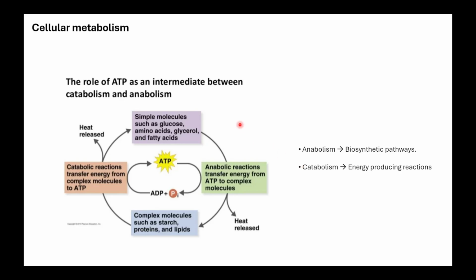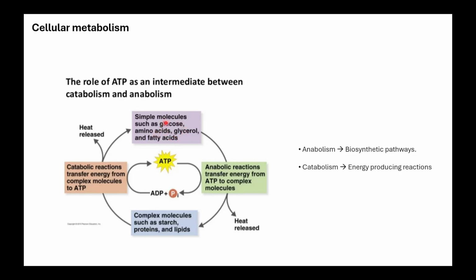Okay, so maybe we will go through the role of ATP, which acts as an intermediate between catabolic and anabolic reactions. Catabolic reactions here transfer energy from complex molecules to ATP. Okay, and then when heat is released, it forms simple molecules like glucose, amino acids, which are joined together to give us proteins or peptides, then glycerol, fatty acids.